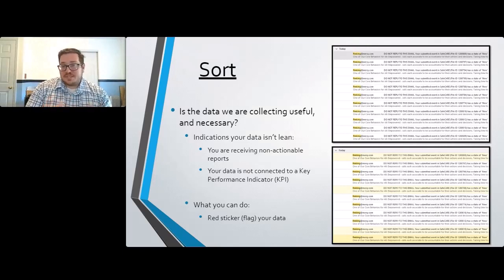So indications that your data is not lean is that you're receiving non-actionable reports and your data is not connected to a KPI or a key performance indicator. Key performance indicator is another term that can be kind of a buzzword. So what does that really mean? A key performance indicator is not, we want to help patients be safe.